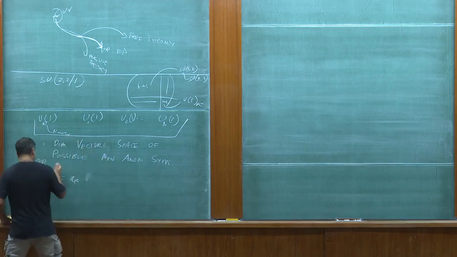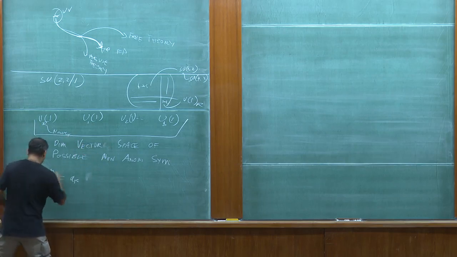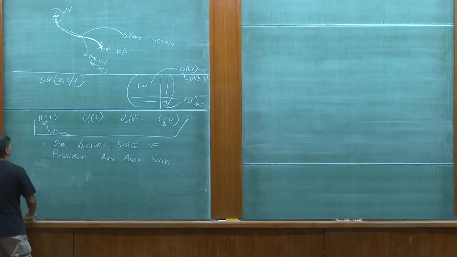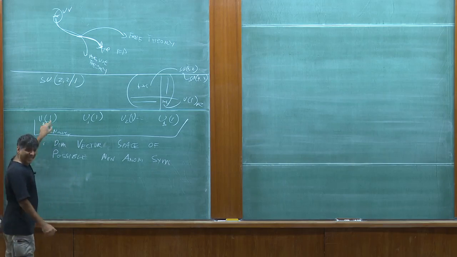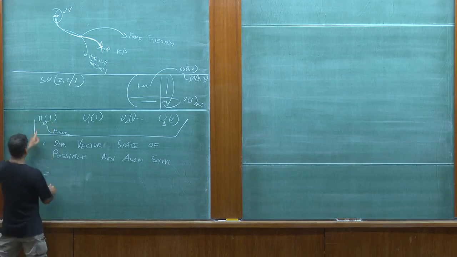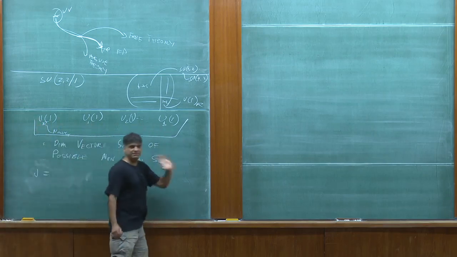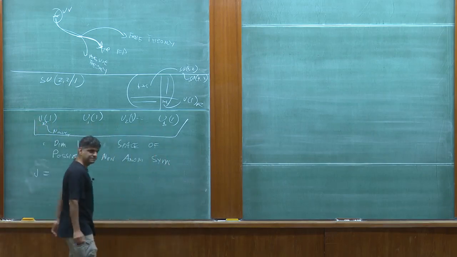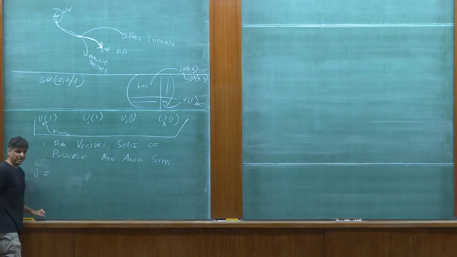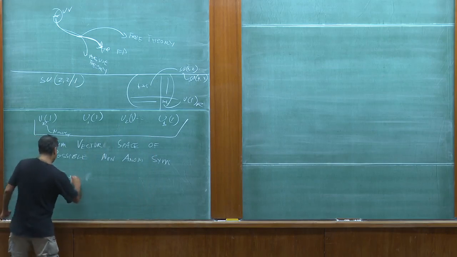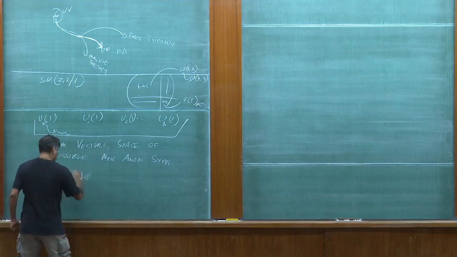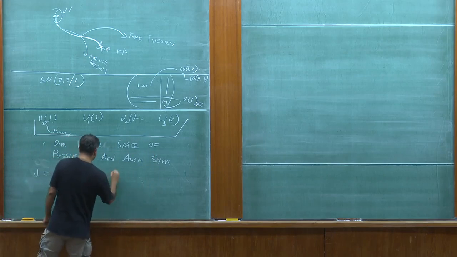Let me take this linear combination, with some standard normalization, and let me make a trial j, which is the sum over AR JR plus the sum over S of AS JS.